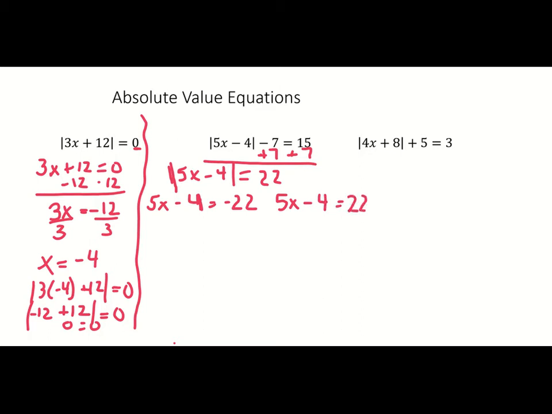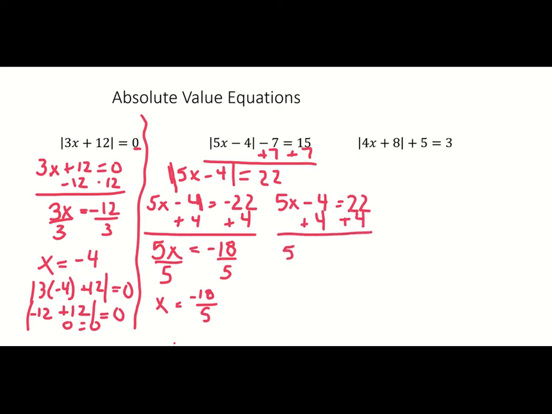And solve our equation. So I will add 4 to both sides, and I get 5x equals negative 18, divide by 5, so we get x equals negative 18 fifths. And then we're going to add 4 to both sides for the next one.